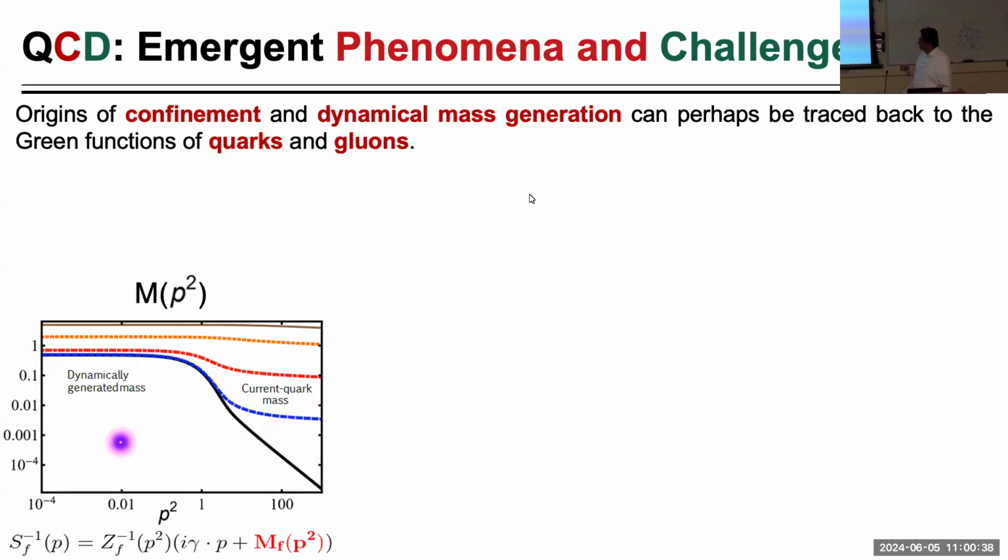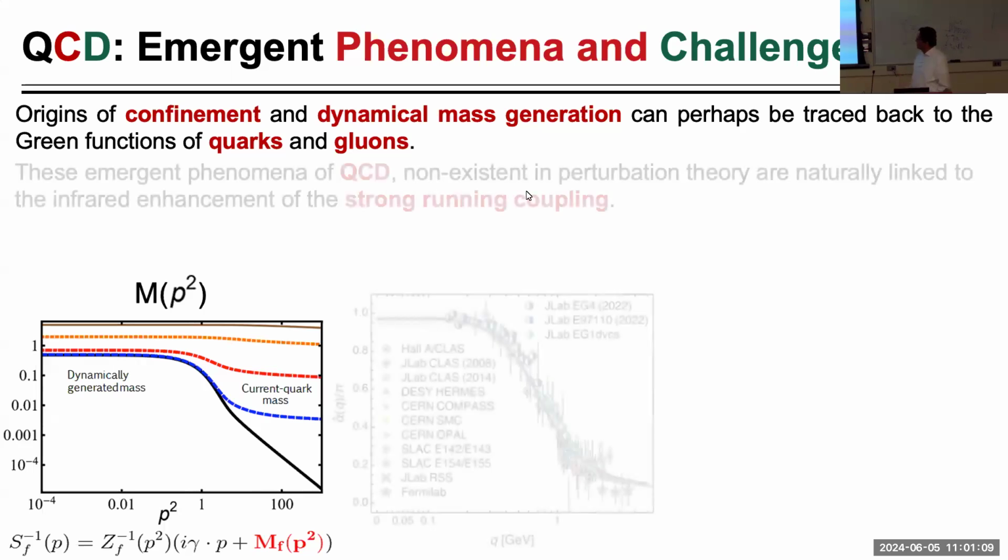This mass function corresponds to a value of about a few MeVs, but when you study it non-perturbatively, then in the infrared, when the distances are large, this mass corresponds to a few hundred MeVs for these quarks, which more or less tells you that there is an effective rest mass of these quarks, which in a way explains to us why a proton, instead of a few MeVs, has a mass of a thousand MeVs.